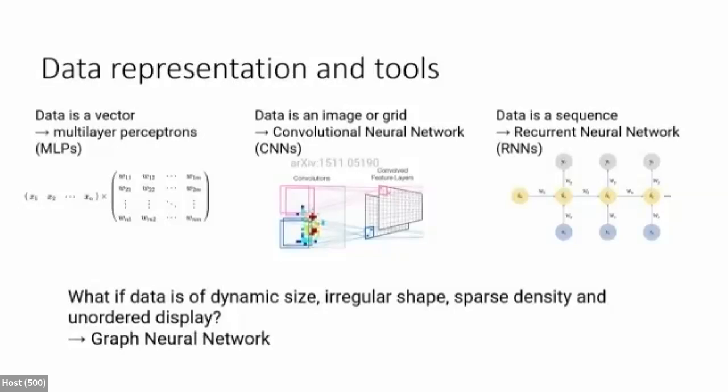But what if the data that you have to work with doesn't come from this two-dimensional grid, and instead it comes from a non-Euclidean domain, and it has dynamic size, irregular shape, or sparse density? In that case, tools like graph neural networks can capture the complex relationships between objects and interdependency much better than any other representations.